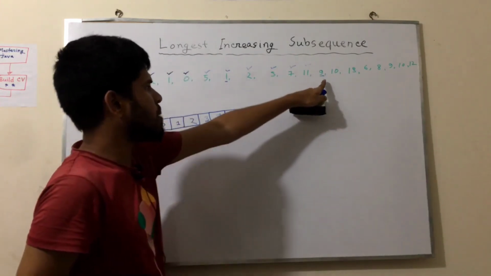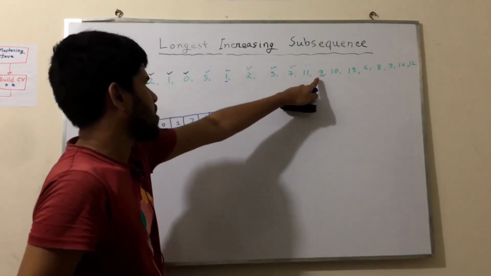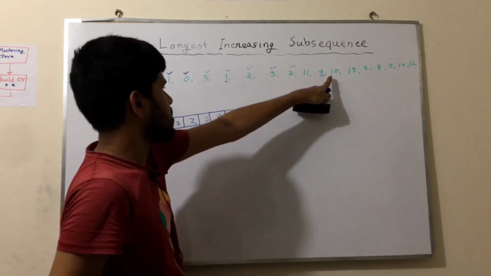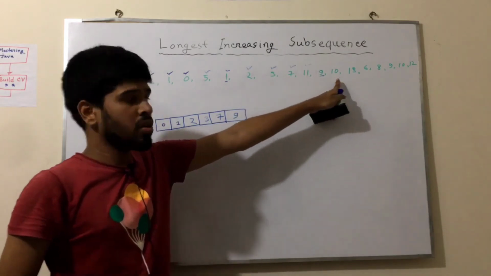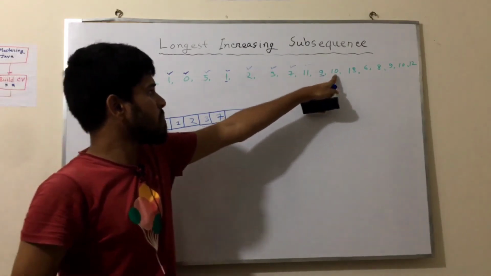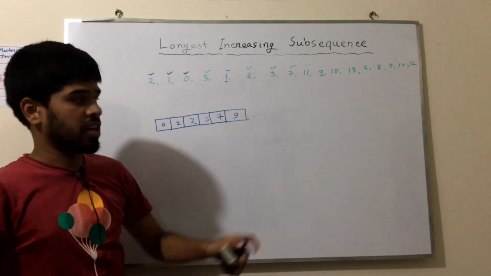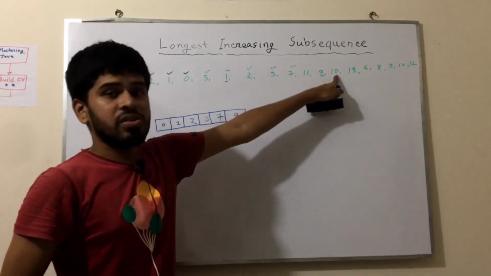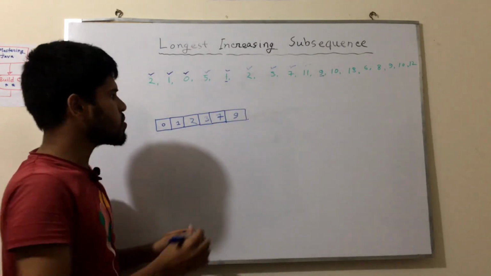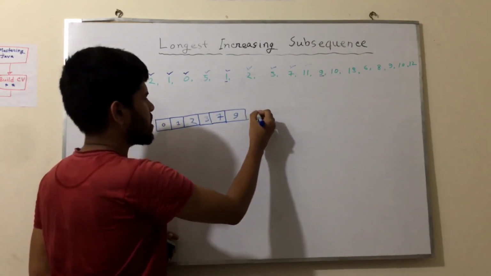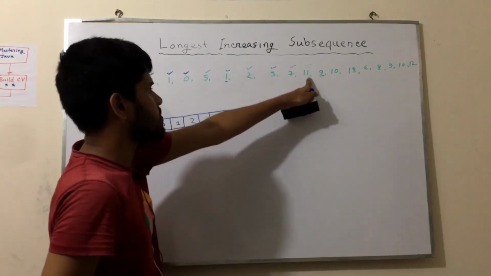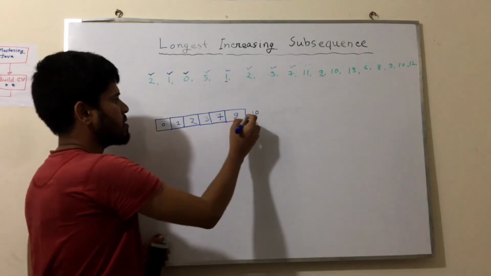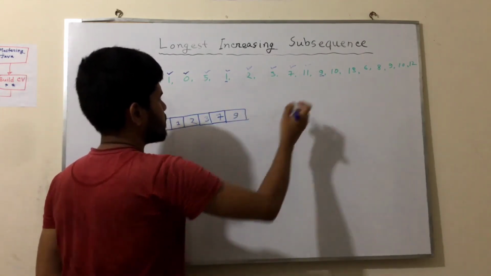We have to update the immediate next of 9, that is 11, so let's update this with 9. If we do not update this, on the right we have 10. We cannot add it here, but this might form the longest increasing subsequence. If we add 10, it forms a longest increasing subsequence. If we do not update this value 11 with 9, then we cannot add that, right? So let's update this value with 9.